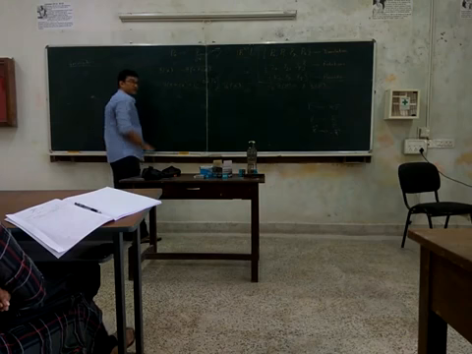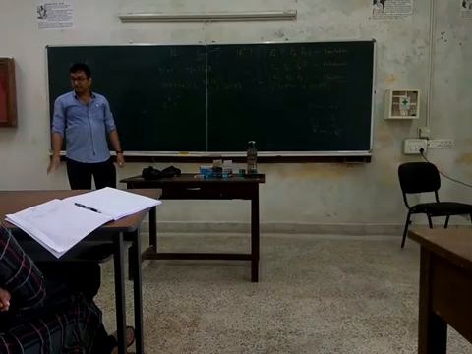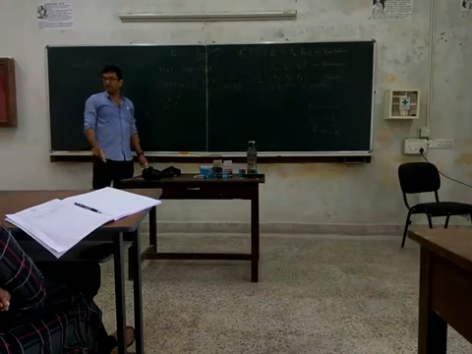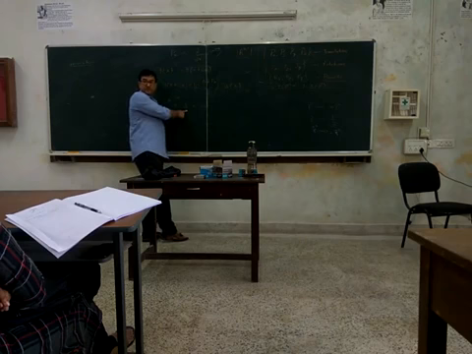If you have e to the power of some quantity A, A can be anything. It can be a matrix, it can be a number, it can be an operator. I'm writing it here, boldface one.